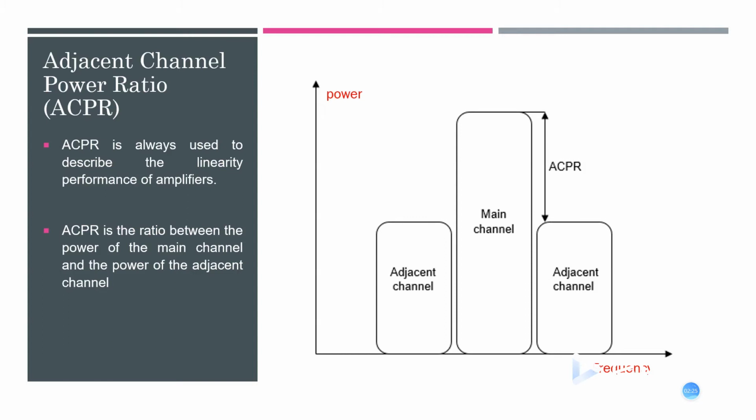The adjacent channel power ratio is always used to describe the linearity performance of amplifiers. ACPR is the ratio between the power of the main channel and the power of the adjacent channel.